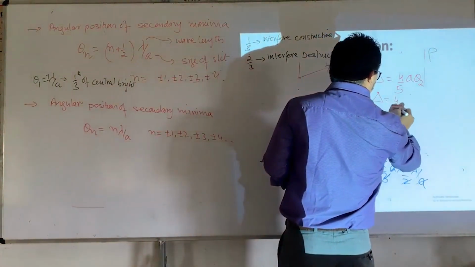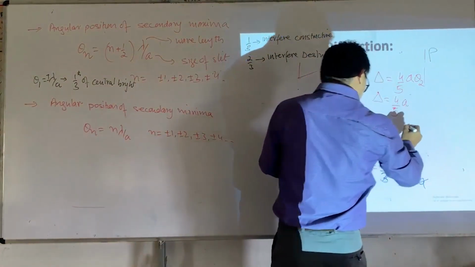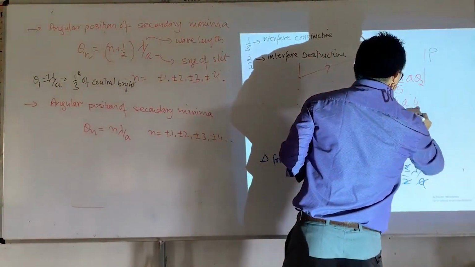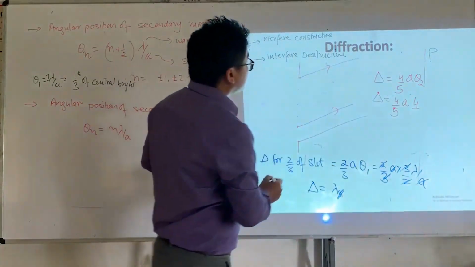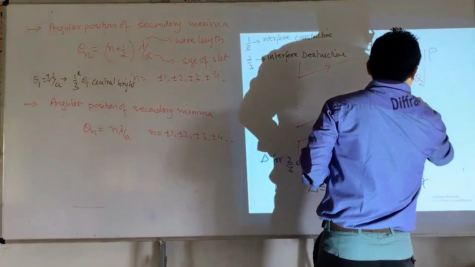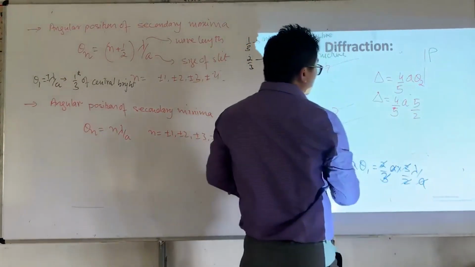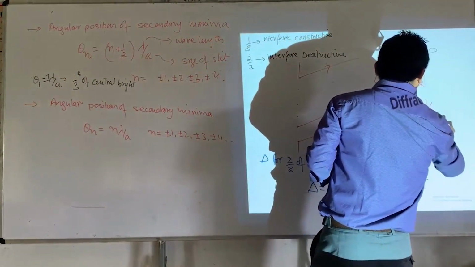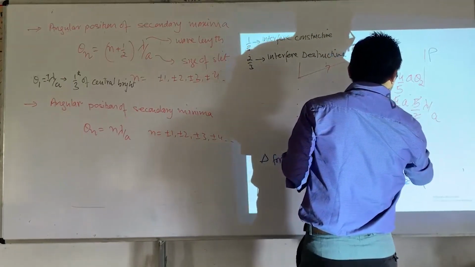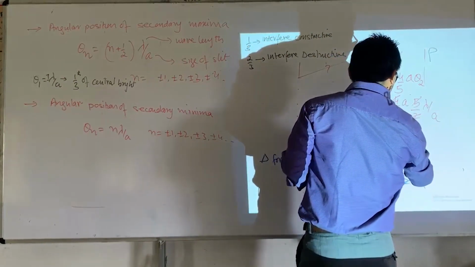Theta 2 is going to be 5 by 2 lambda by a. The 5 cancels out, and the path difference is going to be 2 lambda.